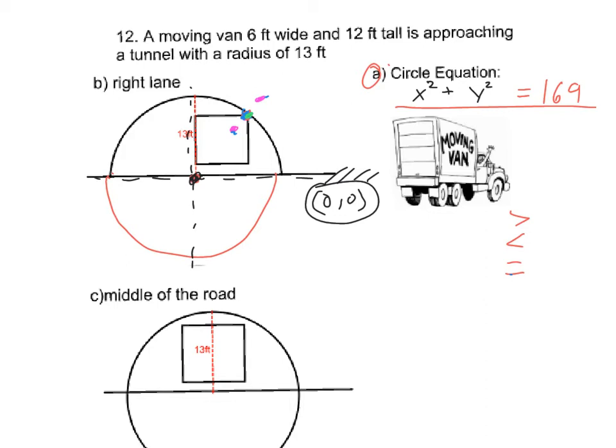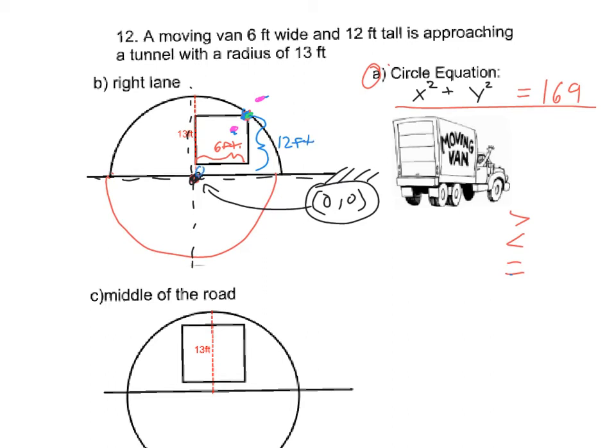In order to do that, we know already that from 0, 0, the center, this van has a width of 6 feet. So from here to here is 6 feet. We also know that the height of the van is 12 feet.